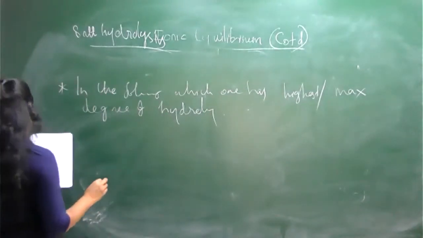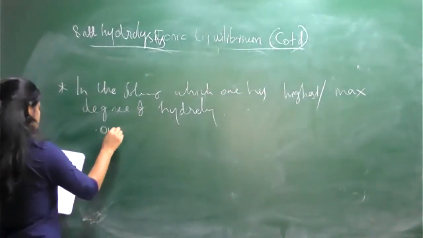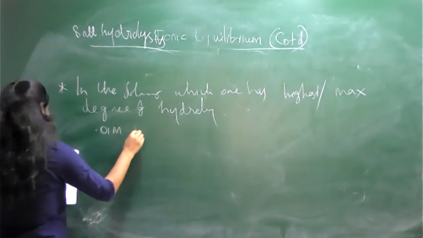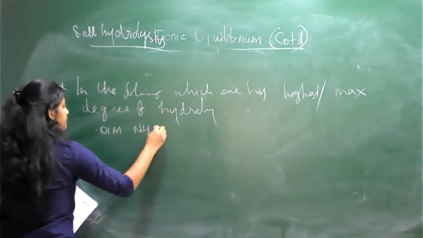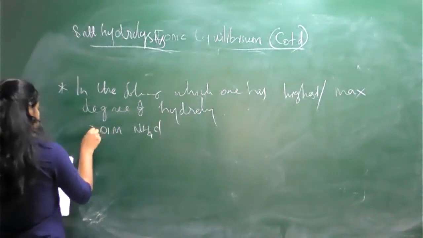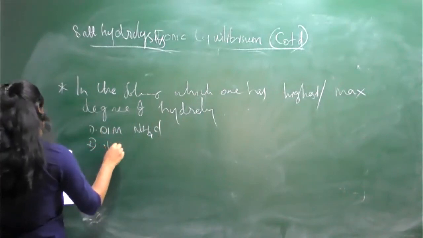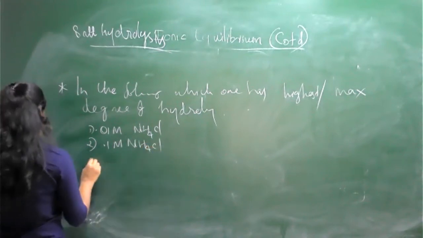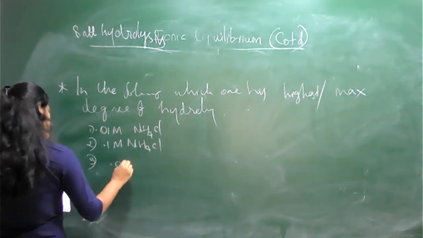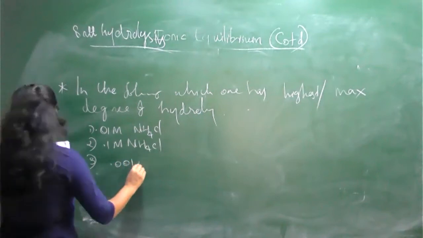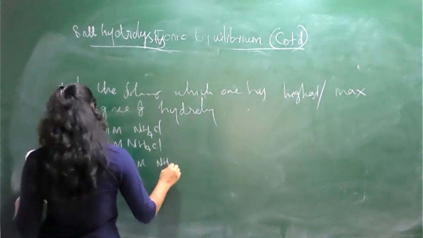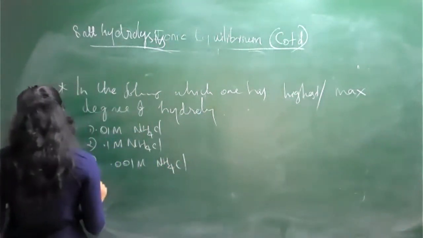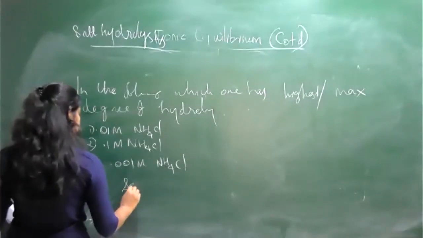Then they have given like this: 1. 0.01 molar NH4Cl, 2. 0.1 molar NH4Cl, 3. 0.0001 molar NH4Cl, fourth one same.